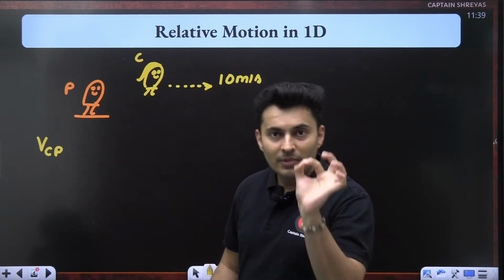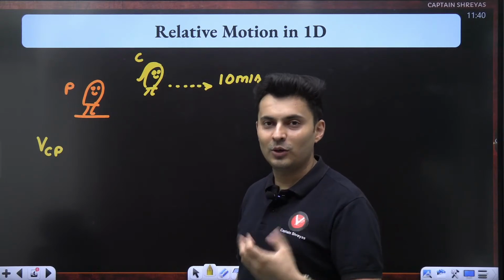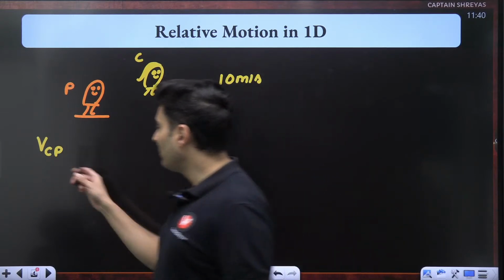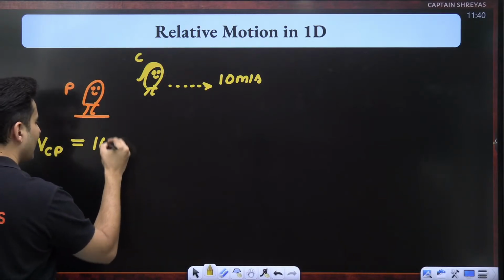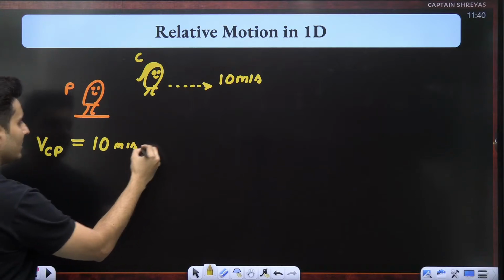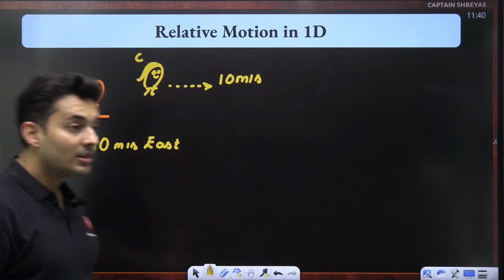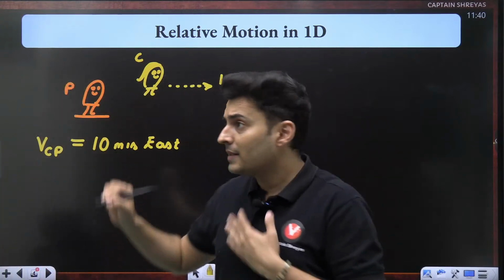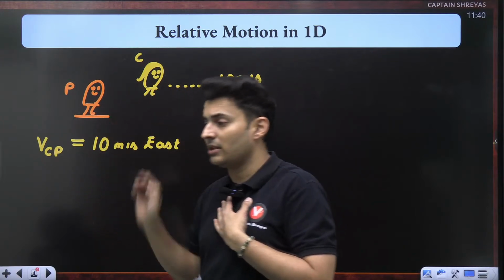The second number that you write is always the observer, the point of view, the perspective. So the velocity of Champa with respect to Pandu, I will say it is basically 10 meters per second towards, let's say, the east direction. This is how you mention velocity of something with respect to something.